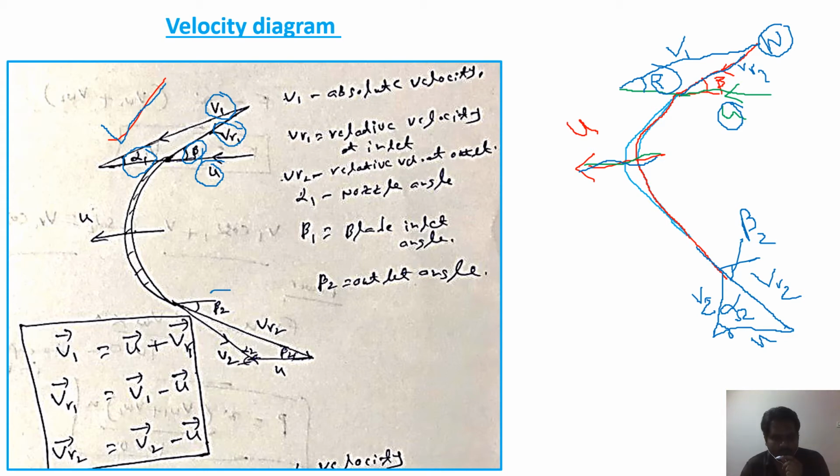Same way at the bottom, beta 2 is the blade angle at outlet, vr2 is the relative velocity at outlet, v2 is the absolute velocity at outlet.